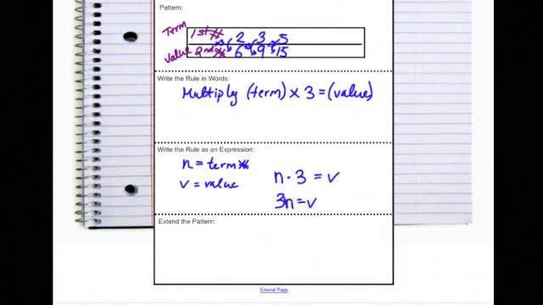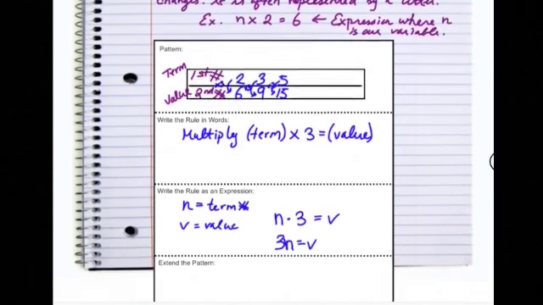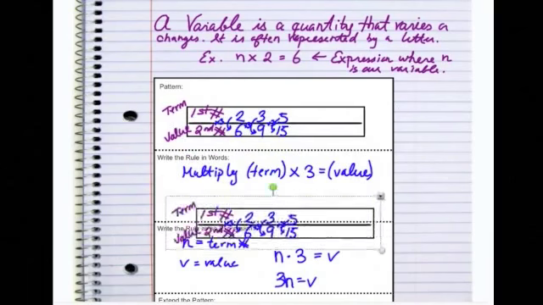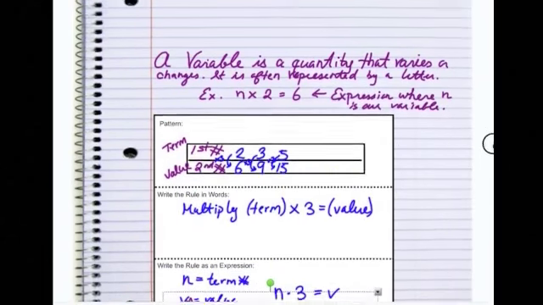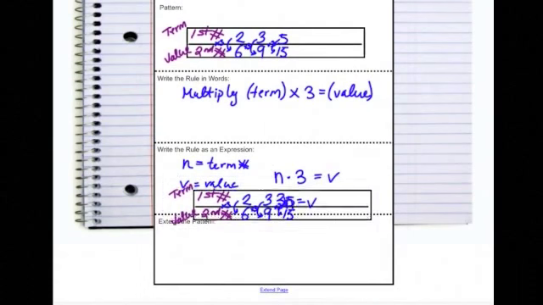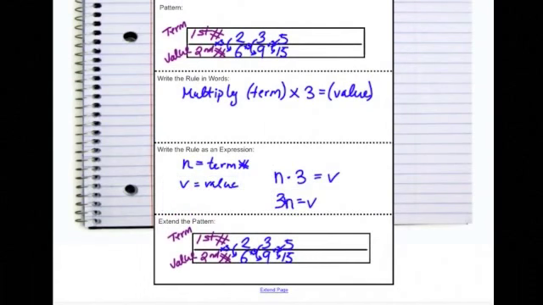Lastly, we're going to extend the pattern that we have. So in the table above, we have this information that was given to us, and we're going to see if we can build on that information. For example, if a number in the pattern was 9, how would I be able to find the value of the second number just by giving myself the term number?